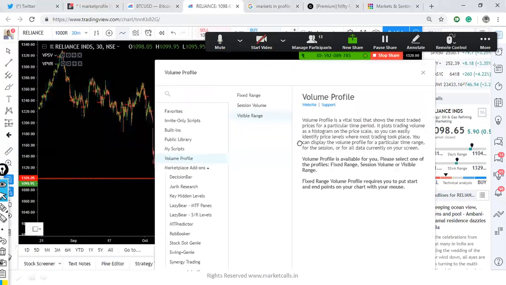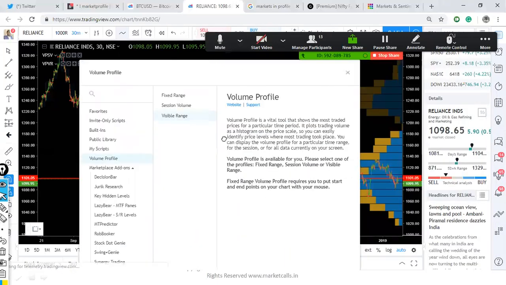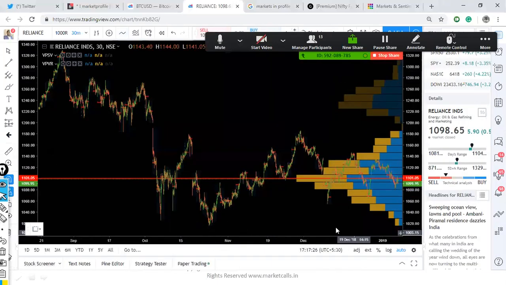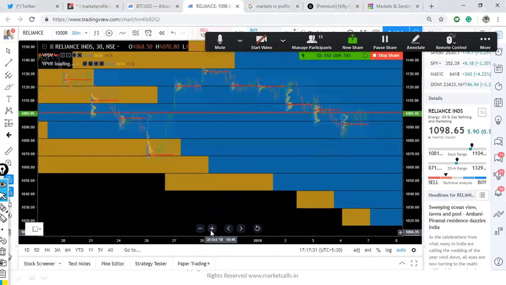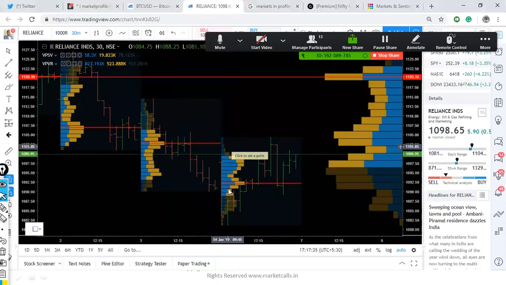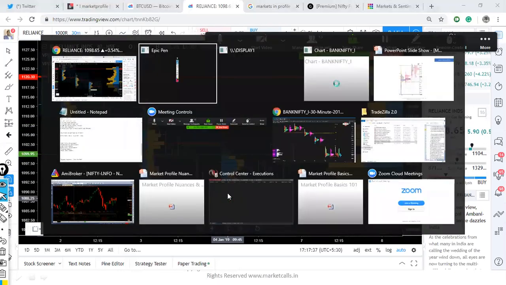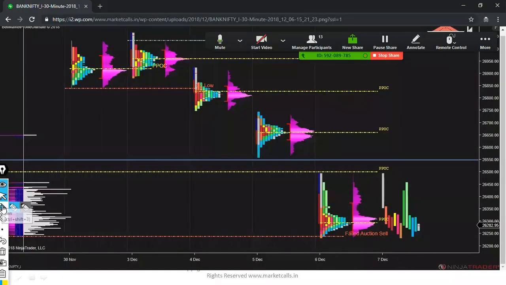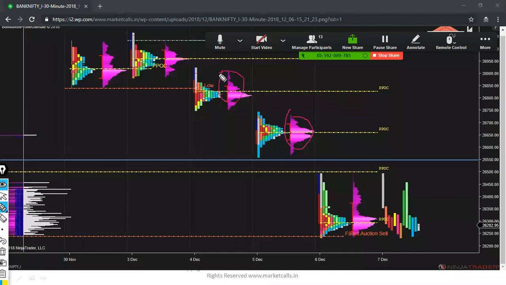Three different tools are there: composite profile and session profile, and whatever we want customized. That is customized, very important. I'm going to expand so that you'll be able to see that. So these tools, this volume profile, right? Yes, the same volume profile you're seeing on the screen here, which is next to market profile. Okay, this is session profile. I think composite profile.